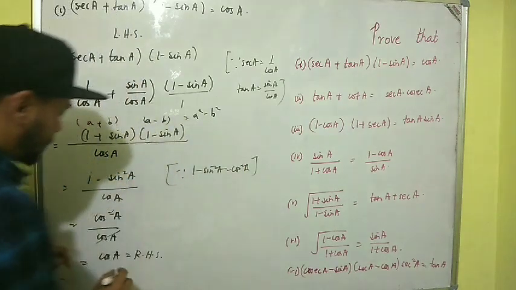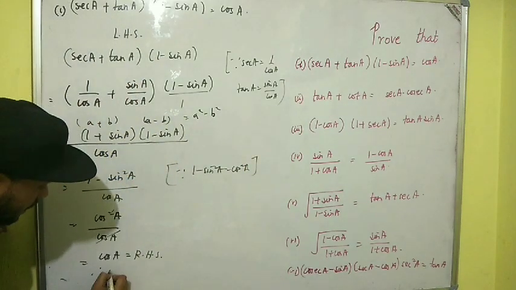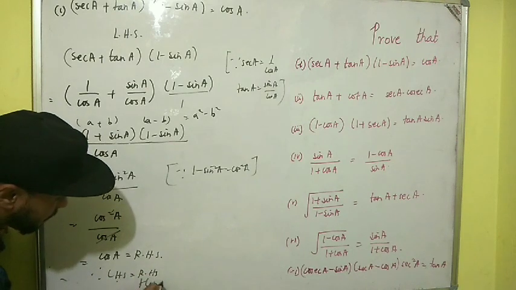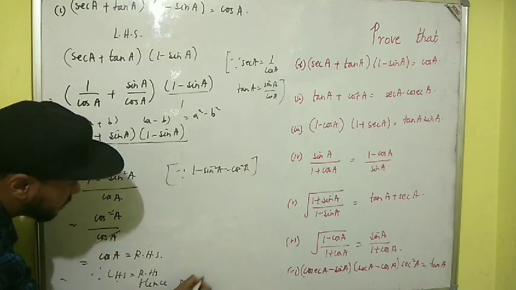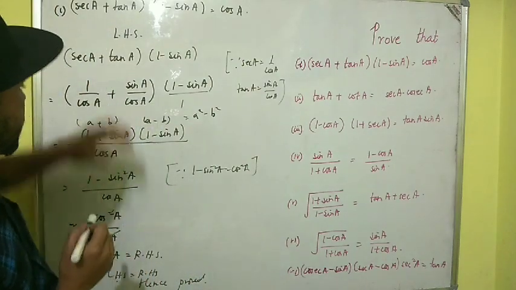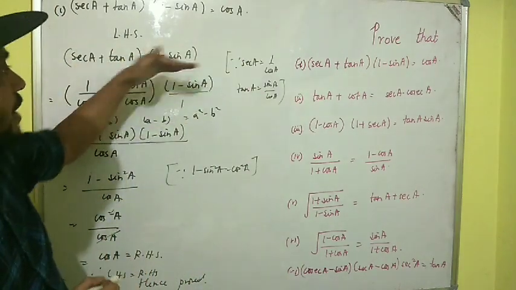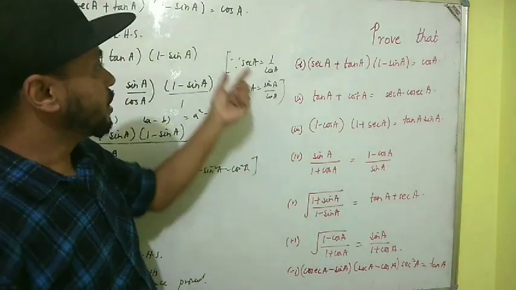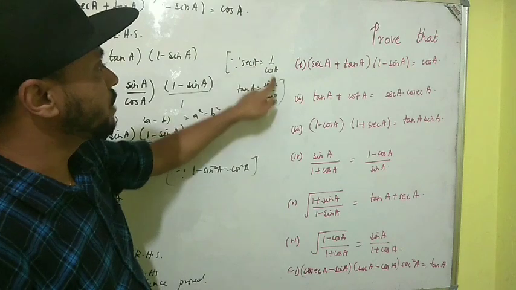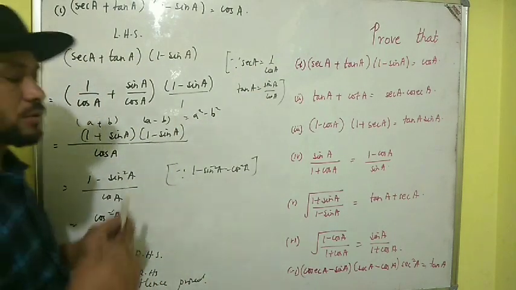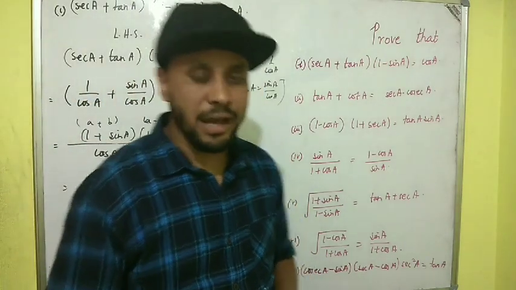Therefore LHS is equal to RHS, hence proved. So these statements are very important. Wherever you use a formula, on that line you write the statement. You don't have to write the whole derivation, you just write since whatever the formula is. So this is how we solve the trigonometric identities.